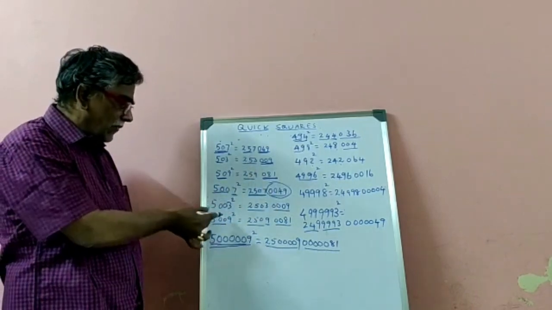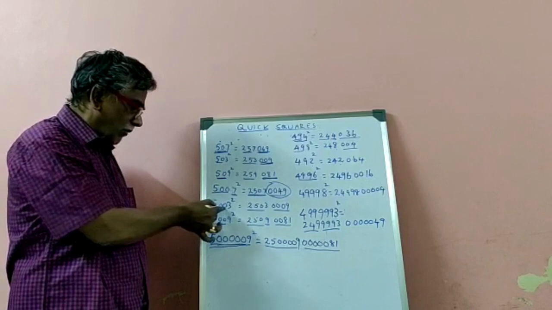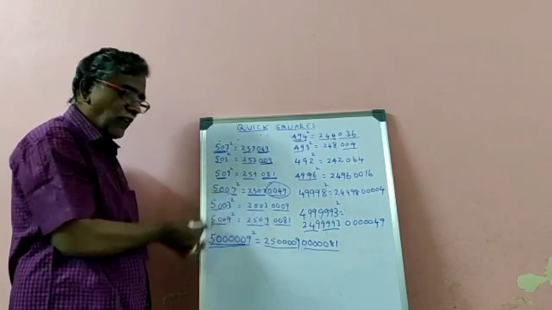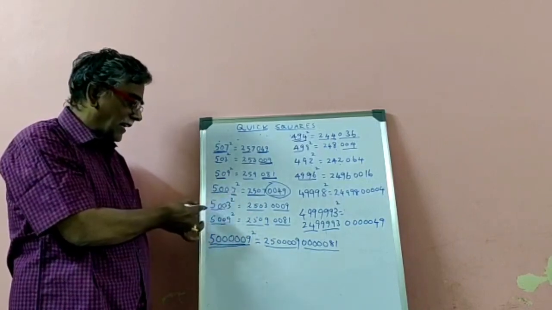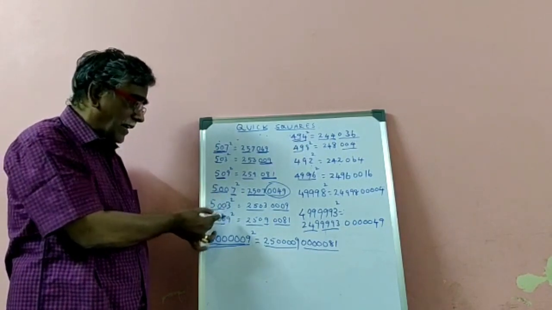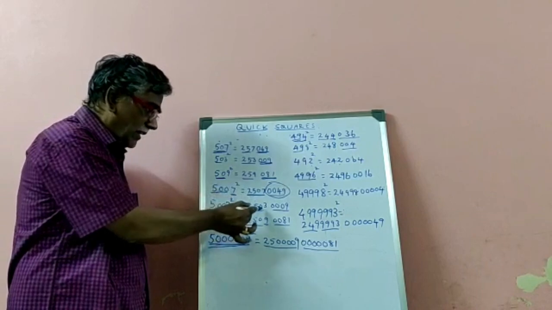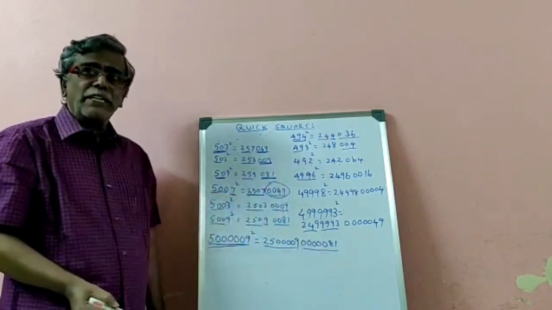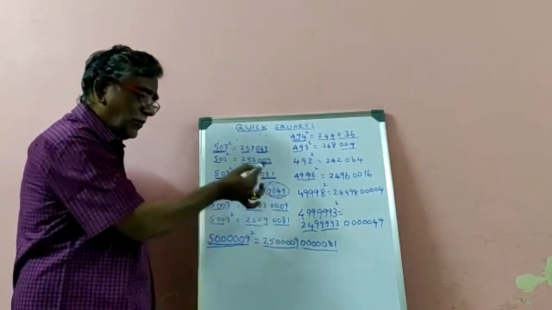So likewise you can find 5003 square. Here 250 and then 3, 2503, since 3 is greater than 5000 by 3. And 3 square you have to write in 4 digits, 0009.